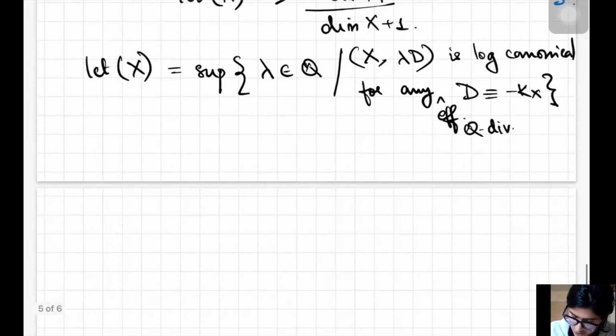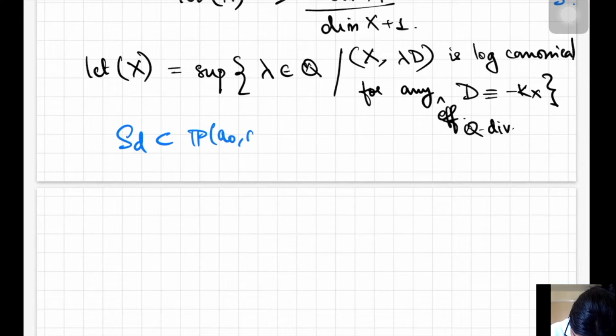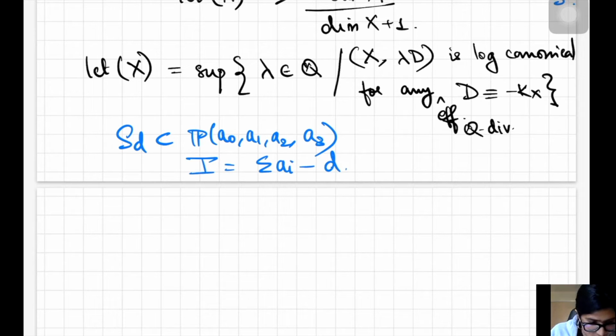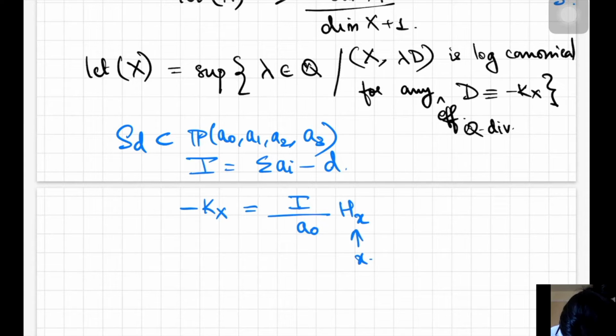But this also gives an obstruction, because, remember that in our case, S_d is in P(a0, a1, a2, a3), and my index is the sum of the weights minus my degree. So this only means that my anti-canonical is given by some hyperplane. I can say H_x is x equals 0.